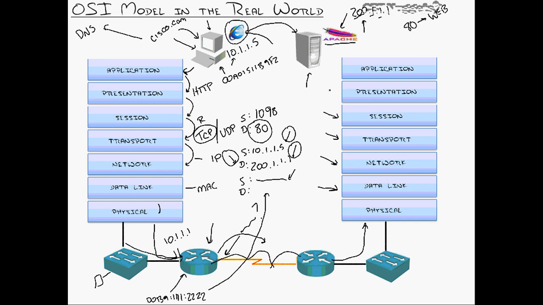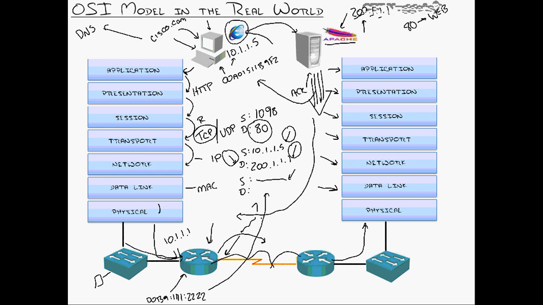So I'll send you up further. Understand the HTTP code, separate session. The Apache application gets it and says, got it. Let me send the acknowledgement, the ACK, because that was chosen as a reliable connection. And then I will begin sending packet by packet through the exact same process the other way, all of the information that will give you Cisco.com in your web browser.